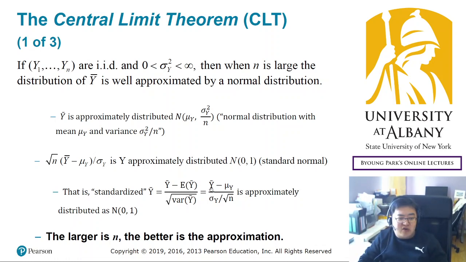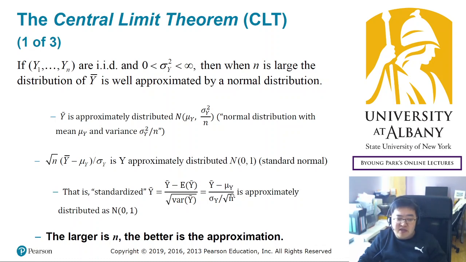because from here you can see that in the numerator, y bar, the sample average, is your estimator, and you are estimating mu of y. So you are estimating mu of y by an estimator y bar. So the difference is the random error, and this is your estimation error.